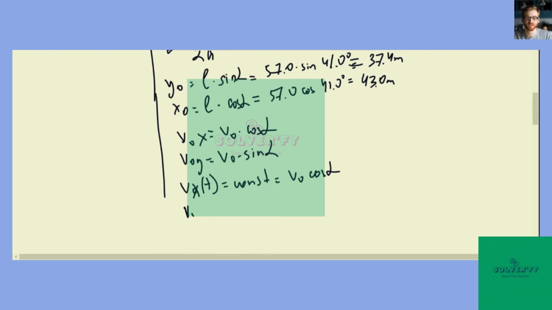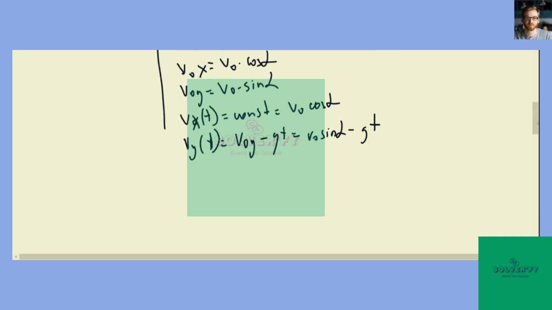And Vy as a function of time equals v0y minus gt, which is v0 sine alpha minus gt. Now let's calculate the moment of time when this velocity is zero.